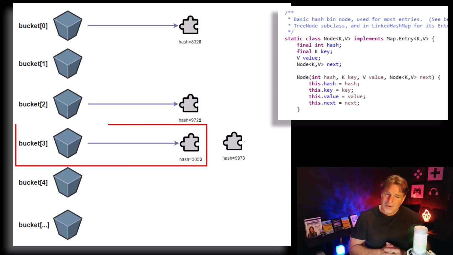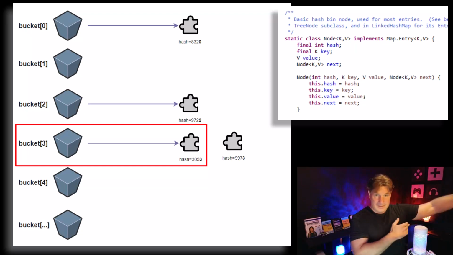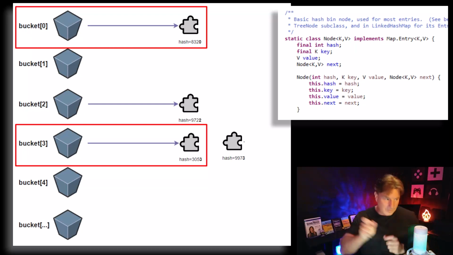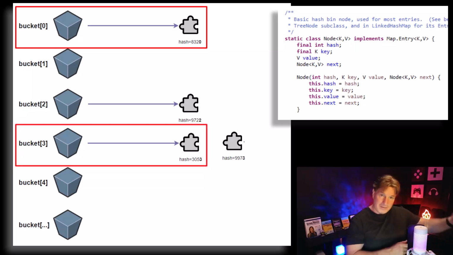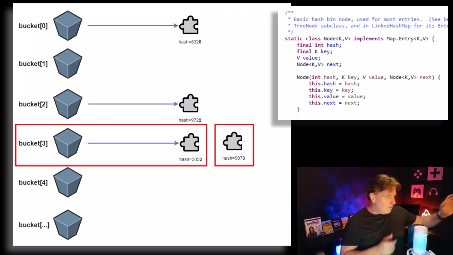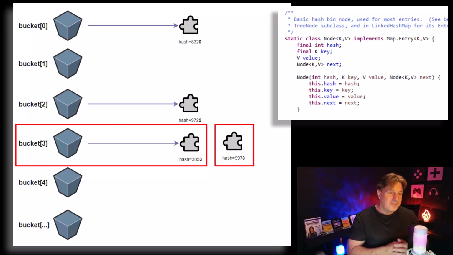So now all of a sudden that bucket's not empty, right? It's all nice and fine and dandy when all the buckets are empty. Okay, there's a hash code that ends in 0, we'll put it into bucket 0. Here's a hash code that ends in 3, we'll put it into bucket 3. All of a sudden you get another object with a hash code ending in 3. Uh-oh, we've already got something in bucket 3.